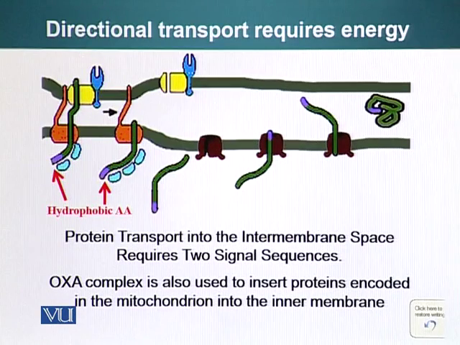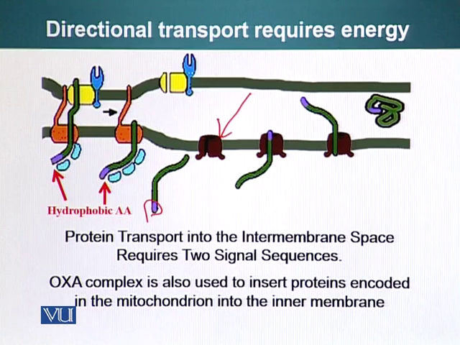As soon as the protein emerges or comes into the matrix, the red part, the signal sequence, has been cleaved off by signal peptidases that specialize in the function of removing the signal sequence. The proteins that have to go into the inner membrane space have a stretch of hydrophobic amino acids at their amino terminus, and this stretch is recognized by the OXA protein.